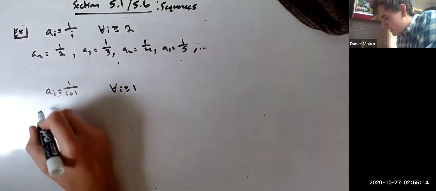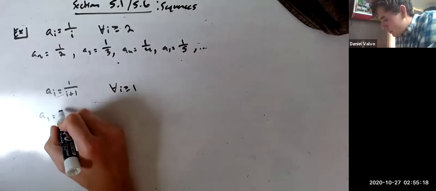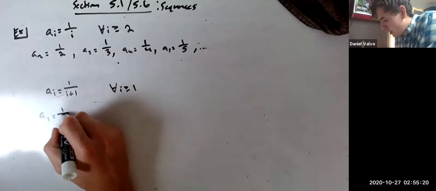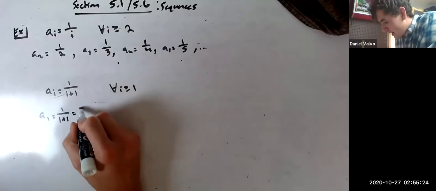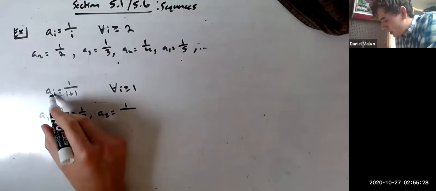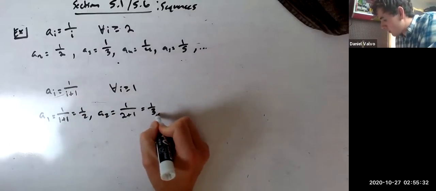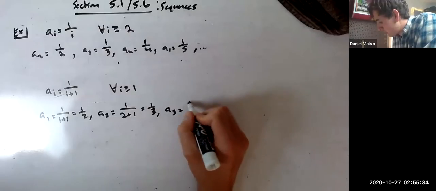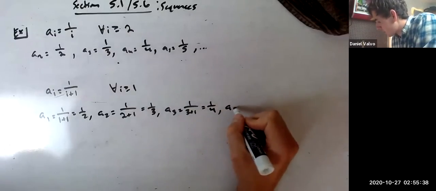So if we write this out, to start at A1, it's going to be 1 over 1 plus 1, right? You plug the 1 in for the i, and you get 1/2. A2 is going to be 1 over 2 plus 1, which is 1/3. A3 is going to be 1 over 3 plus 1, which is 1/4.